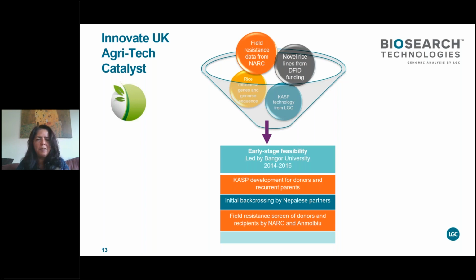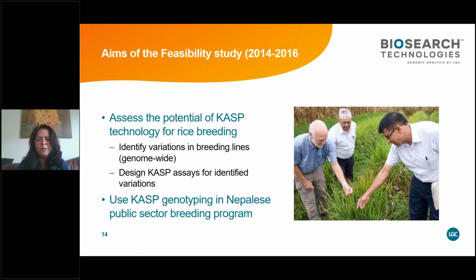So this is a picture of John Whitcomb, who's one of the leads in the Nepalese rice project, looking at rice development in Nepal. We wanted to identify variation at a genome-wide level. We then wanted to design KASP assays for polymorphic markers.